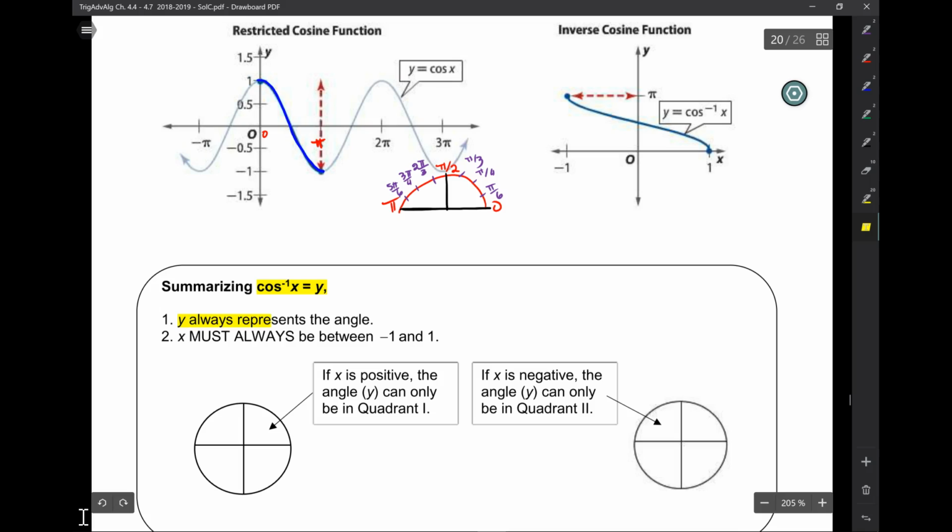Y always represents the angle. And x again must be between negative 1 and 1. But now, if x is positive, it's in quadrant 1. If x is negative, it's in quadrant 2. But don't worry, for tangent, it won't be a third one. It'll be one of the ones we've talked about, okay?